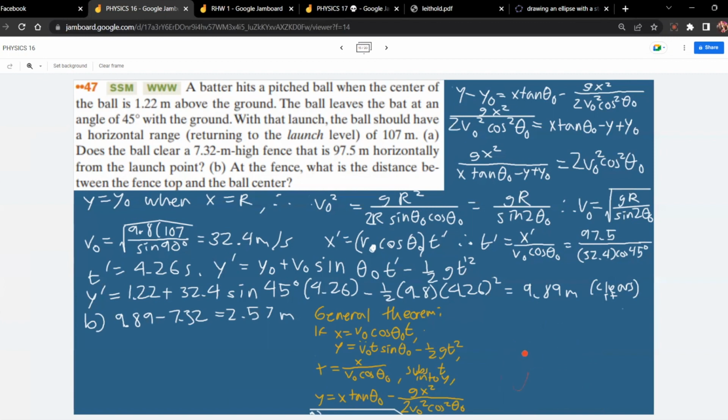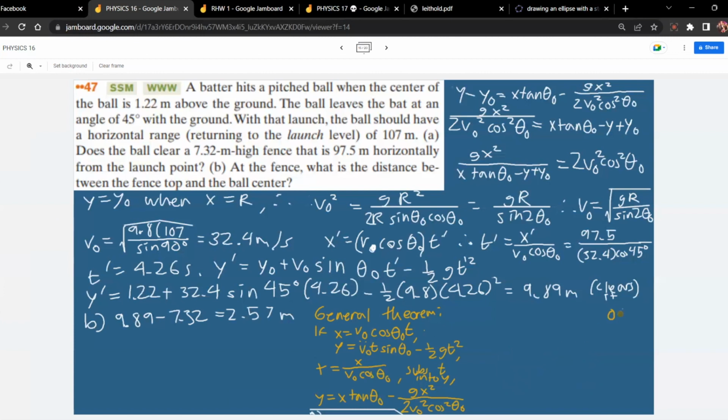Okay, so kung babalik siya sa same launch level, so that means y minus y naught equals 0. So 0 is equal to r tangent theta minus g r square over twice v naught square cosine squared theta.